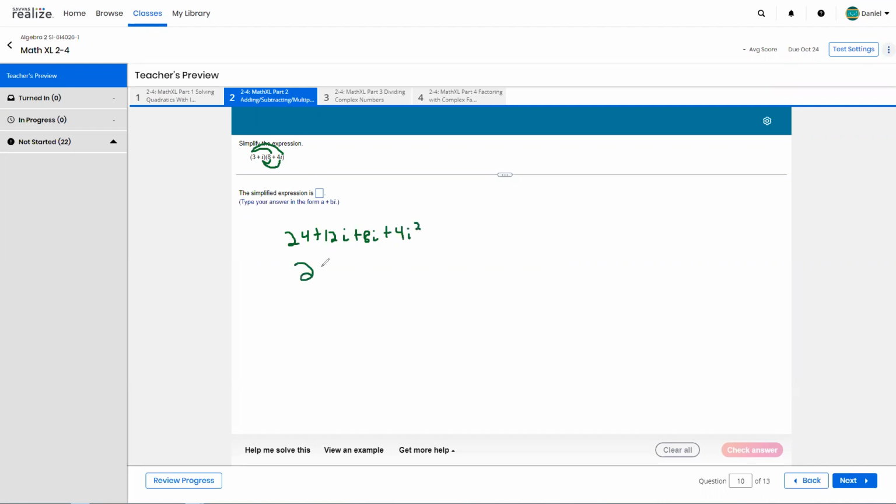So I get 24 plus 20i plus 4i squared. Whenever I have i squared, I can substitute in negative 1. So that's plus 4 times negative 1. And that gives me 24 plus 20i minus 4, which is going to give me 20 plus 20i.